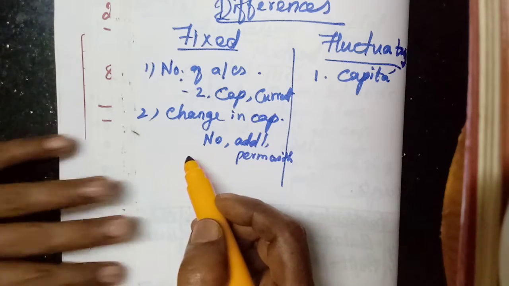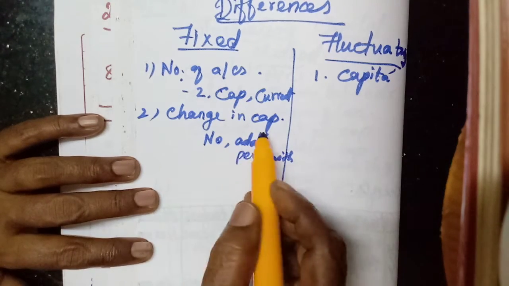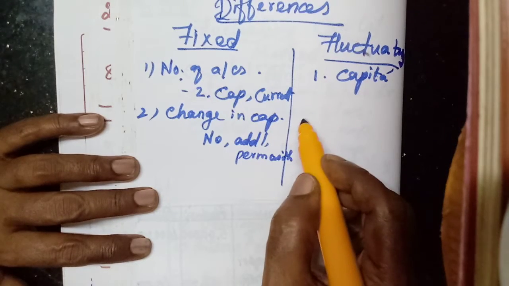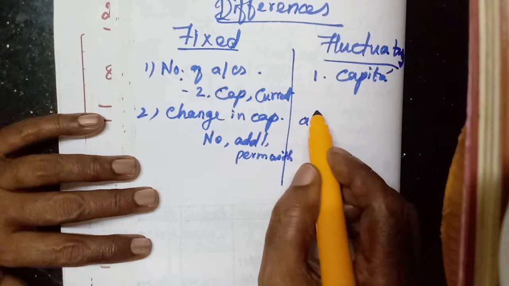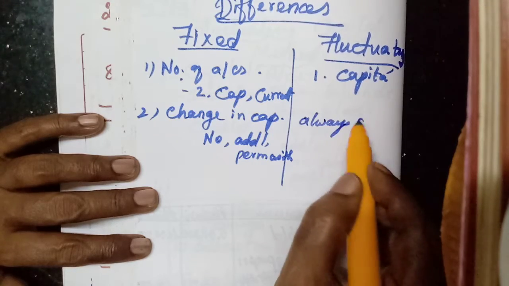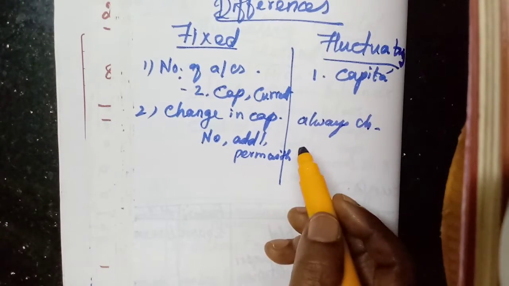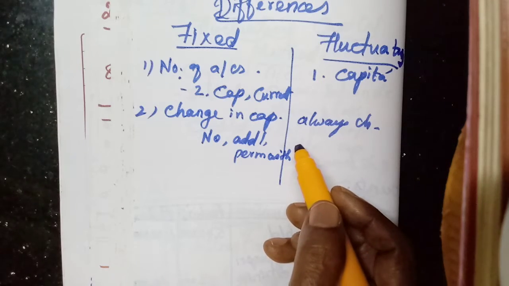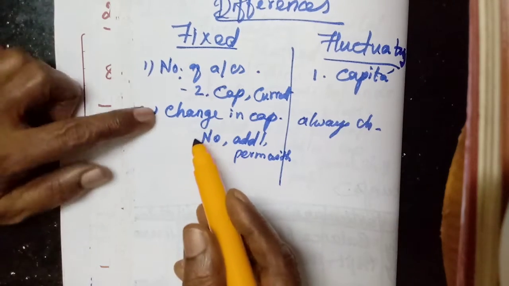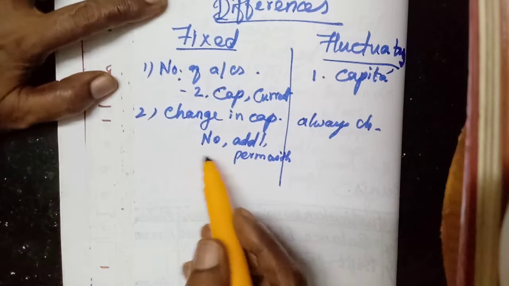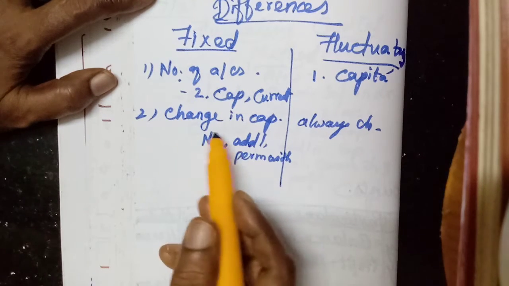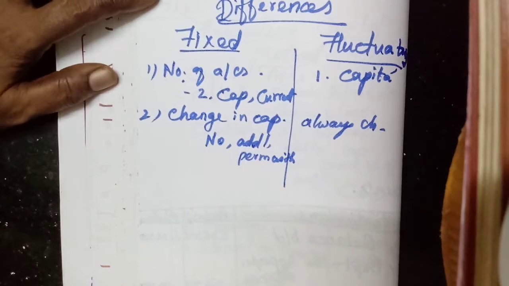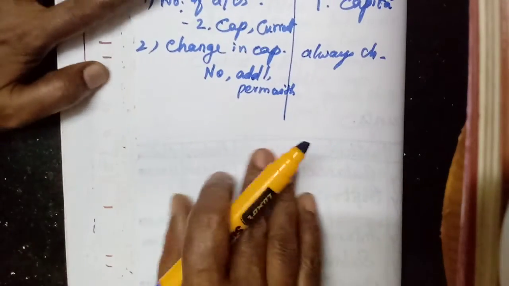Otherwise, normally the capital will not change. But here the capital will fluctuate. It always changes. This year's capital balance and next year's capital balance will be changing. But in the fixed capital method, if there is no additional capital and no permanent withdrawal, the capital will be same throughout the years, many years.